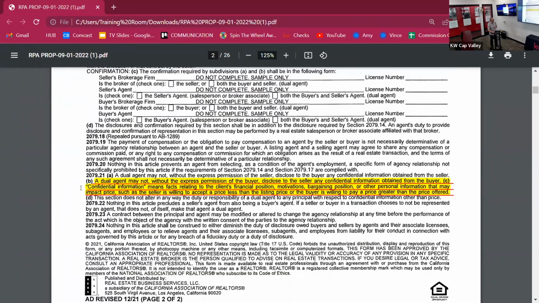And then last but not least, I do want to point out to you guys, because this deals with core duty. When you have dual agency, you would think that dual agency makes it easier, right? Because you're like the master puppeteer. You're controlling everything on this side of the transaction. You're controlling everything on that side of the transaction.